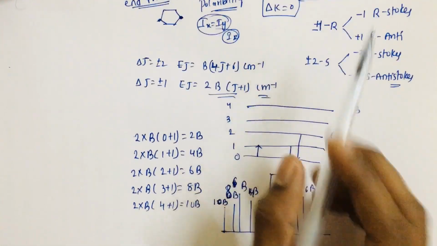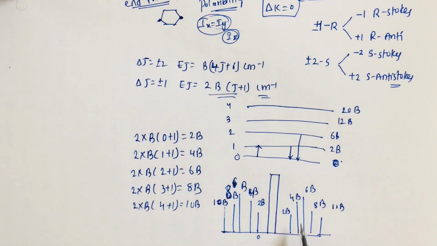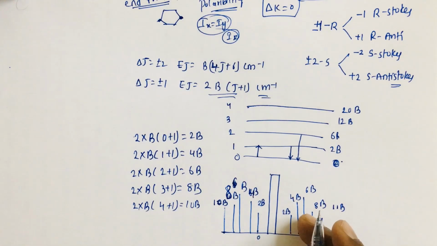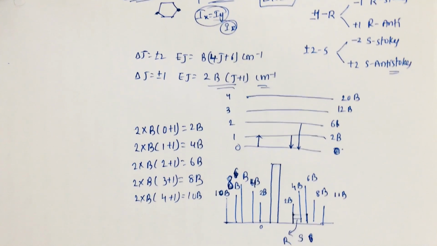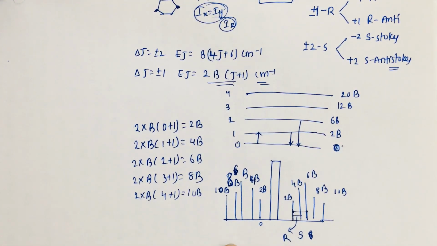This is for the plus or minus 1. When you are going from here to here, this will be an S line, and when you are talking about these two, this will be an R line. So for symmetric top molecules we have both selection rules.